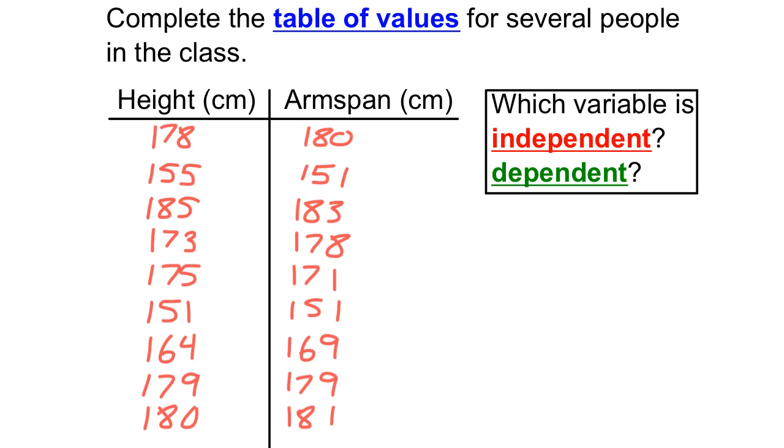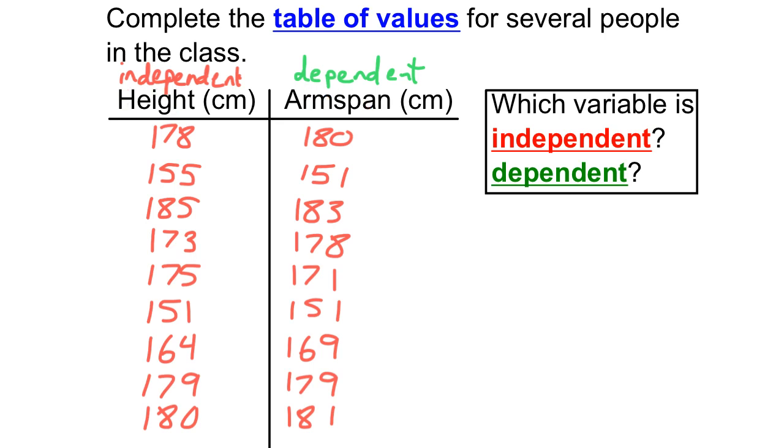For this one right here, our height is independent of our arm span. Our arm span is dependent on our height. Another way you can think of it is your height determines your arm span and not the other way around.